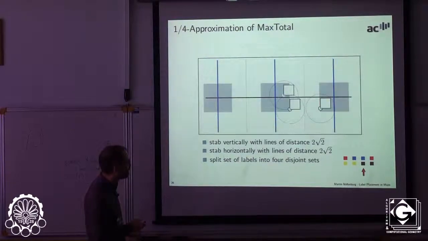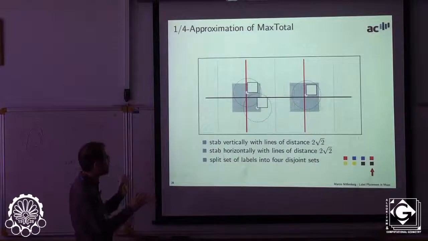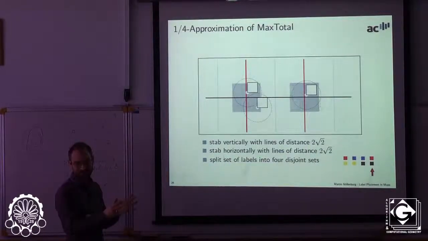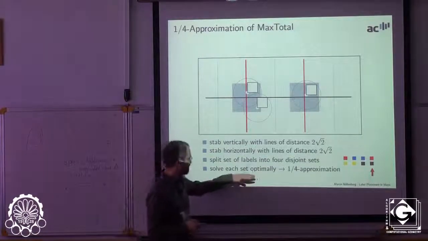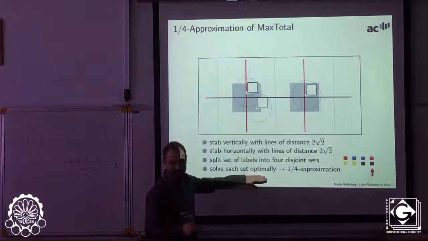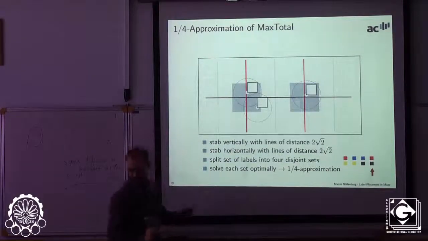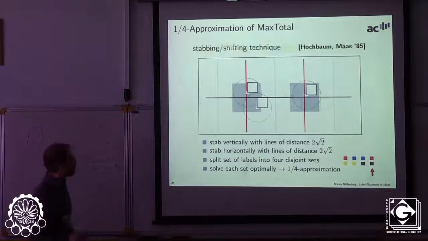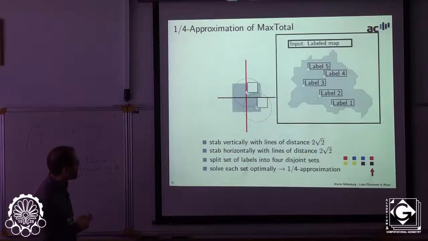You can go to blue and black, and to red and black. So now we subdivided the set of labels into 4 disjoint groups, and if we can solve each of them optimally, the previous observation gives us a 1/4 approximation. This is the so-called shifting technique, well known from Hochbaum and Maass. That's the idea.